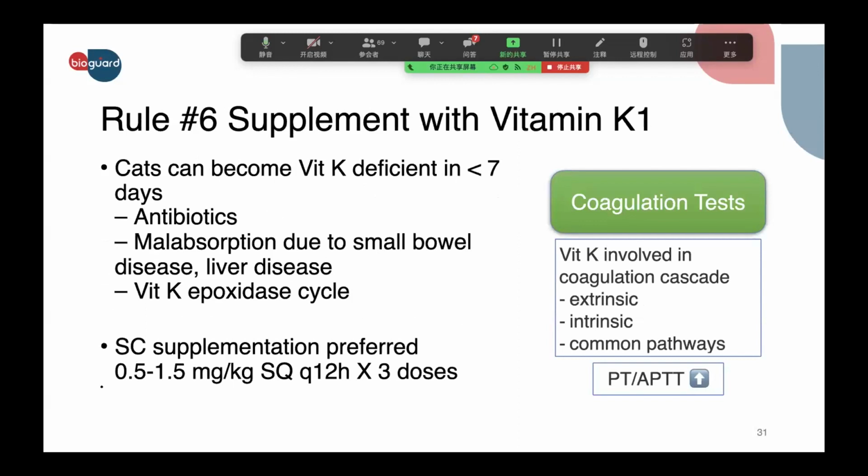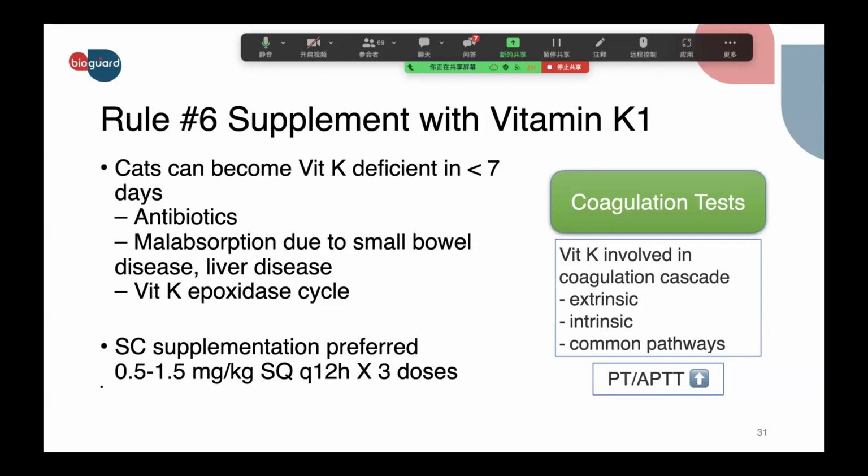And why do we need to give a vitamin K1 supplement? Because it is easy to have vitamin K deficiency within 7 days of the cat not eating. Vitamin K1 is absorbed from food in the intestine, and the cat hasn't eaten for several days, so there is no K1.